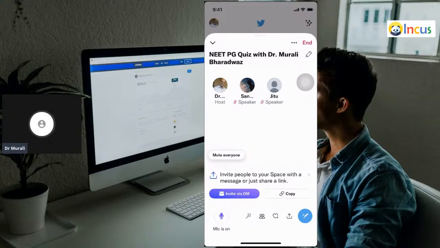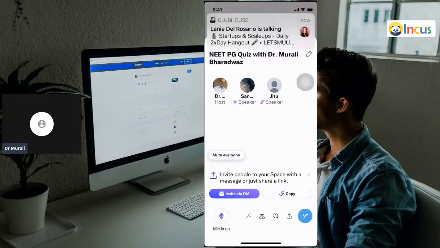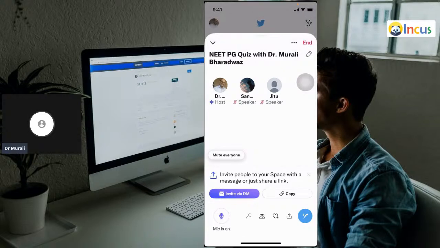Tell me one condition where in the lower limbs you get an inverted champagne bottle appearance. Lipodermatosclerosis. A more classical condition.